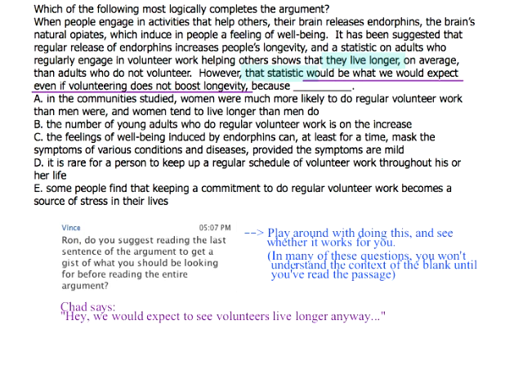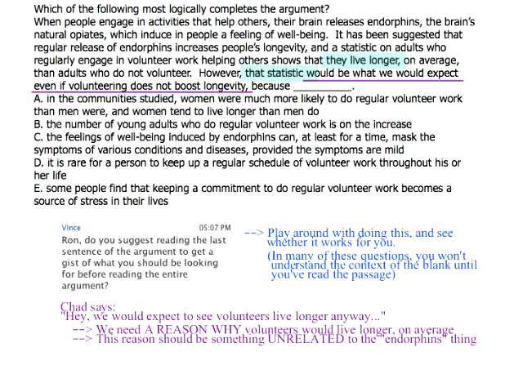So we need a reason why volunteers would live longer on average, and we know that this reason should be something unrelated to the endorphins thing. That's what we want: some non-endorphin reason why these people are going to live longer.